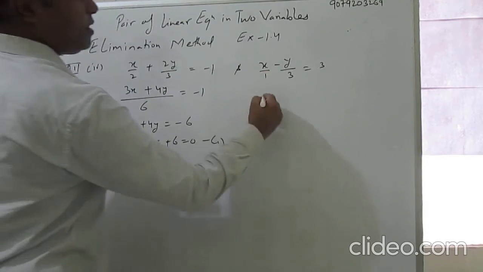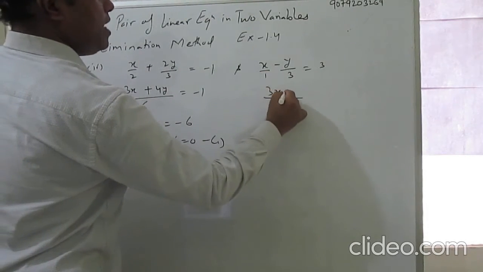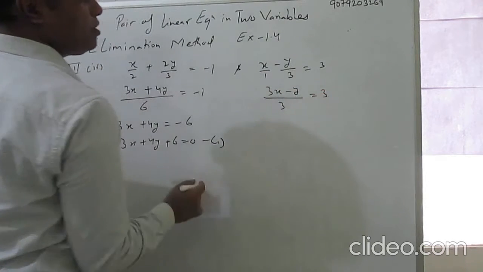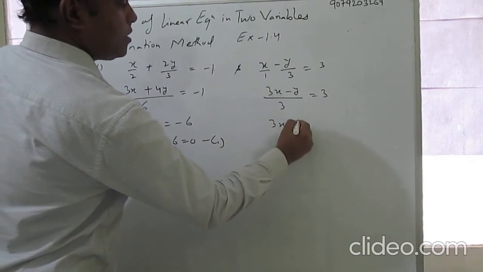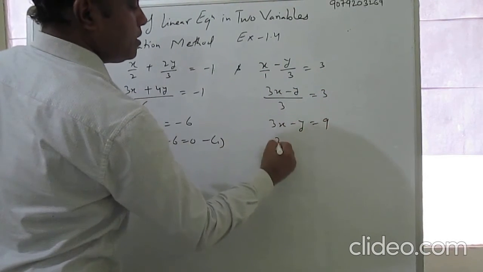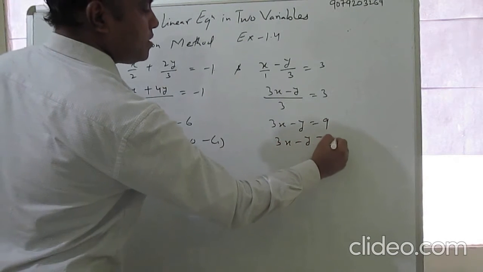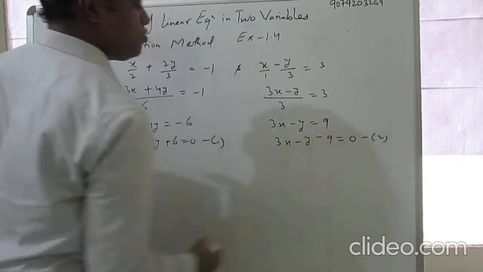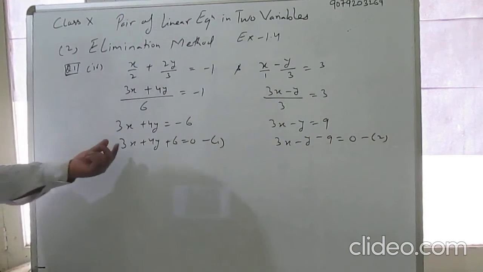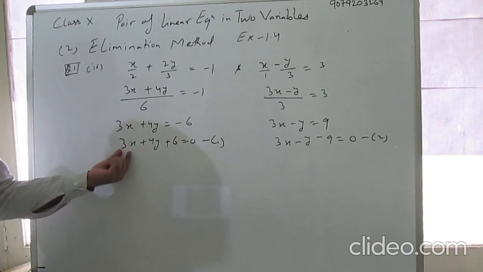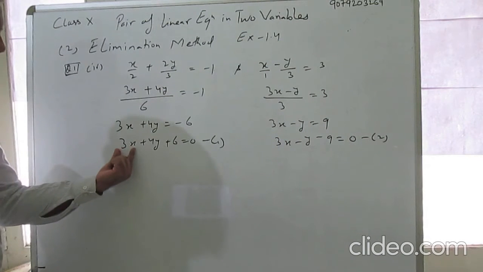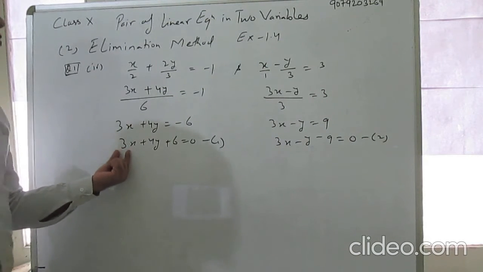Denominator nothing, it means 1. Take 3 LCM. 3x minus y is equal to 3. Cross multiply: 3x minus y is equal to 9. 3x minus y minus 9 is equal to 0. This is equation 2. See here, we see that the coefficient of x is the same in both equations.